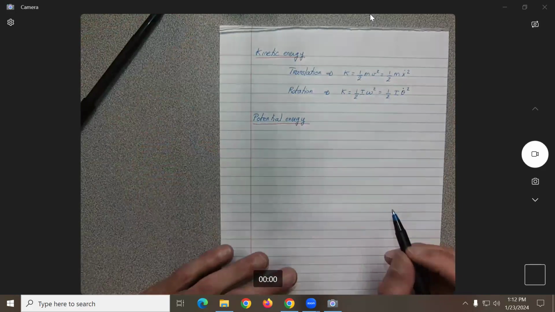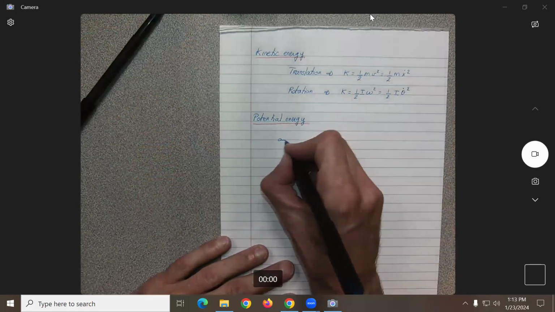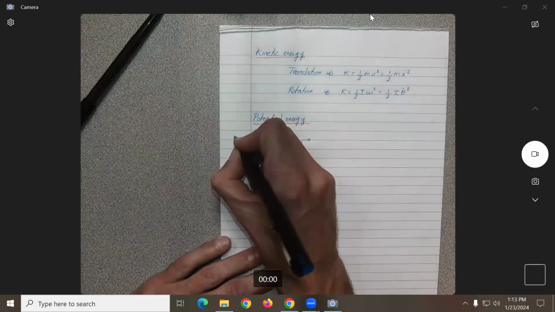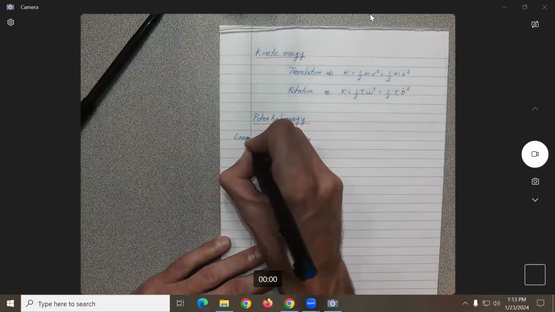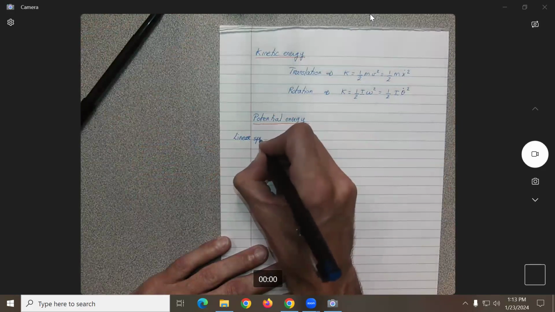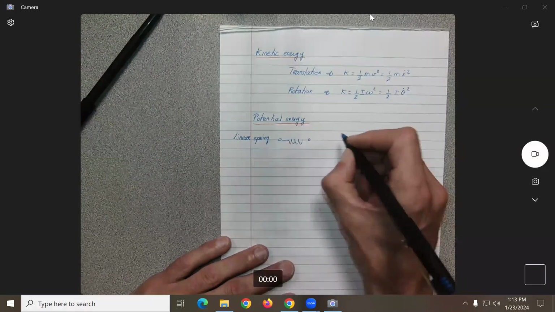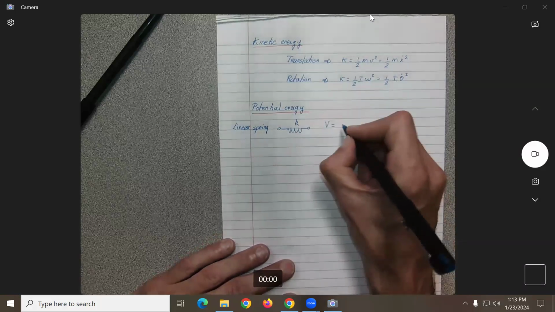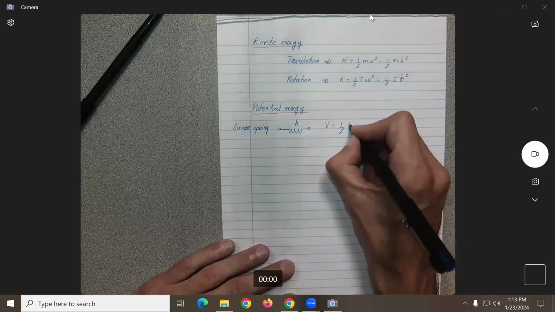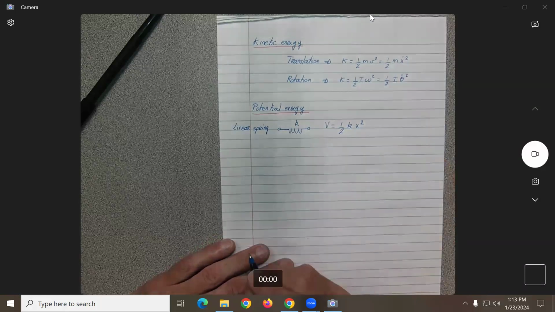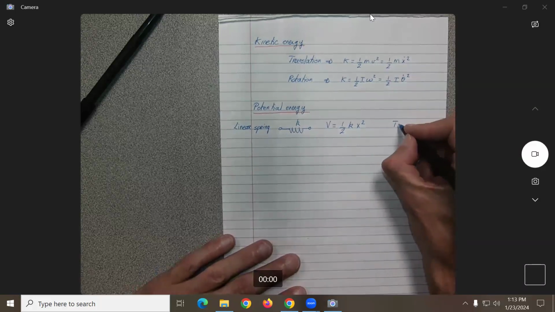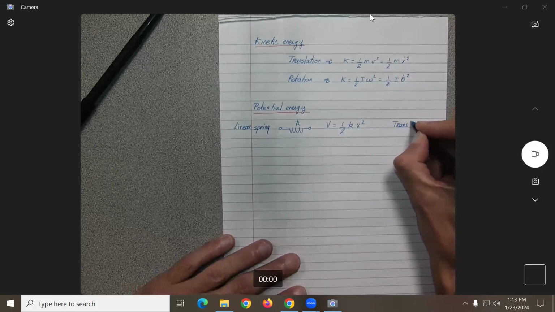Let's say you have a linear spring, what would be the potential energy? One half kx squared. Okay, so this is again for translation, no?